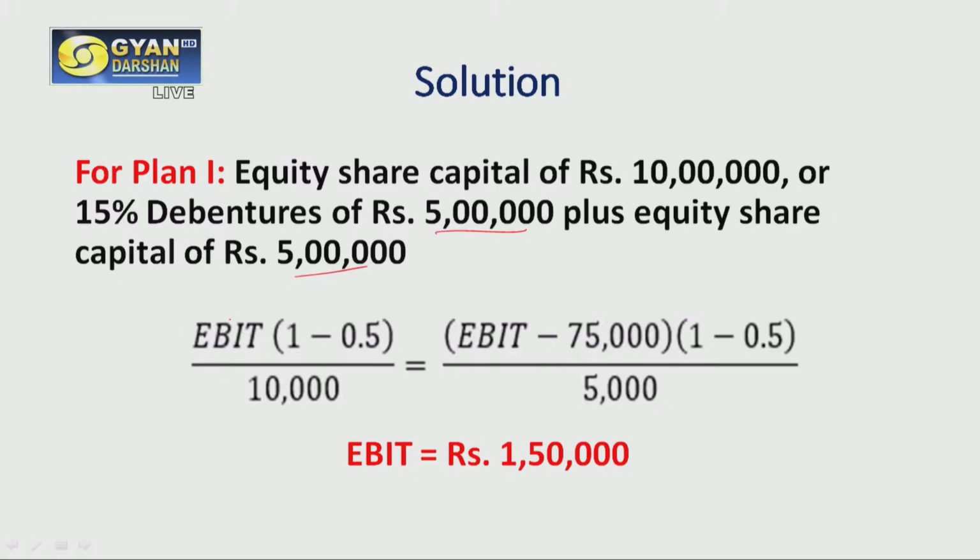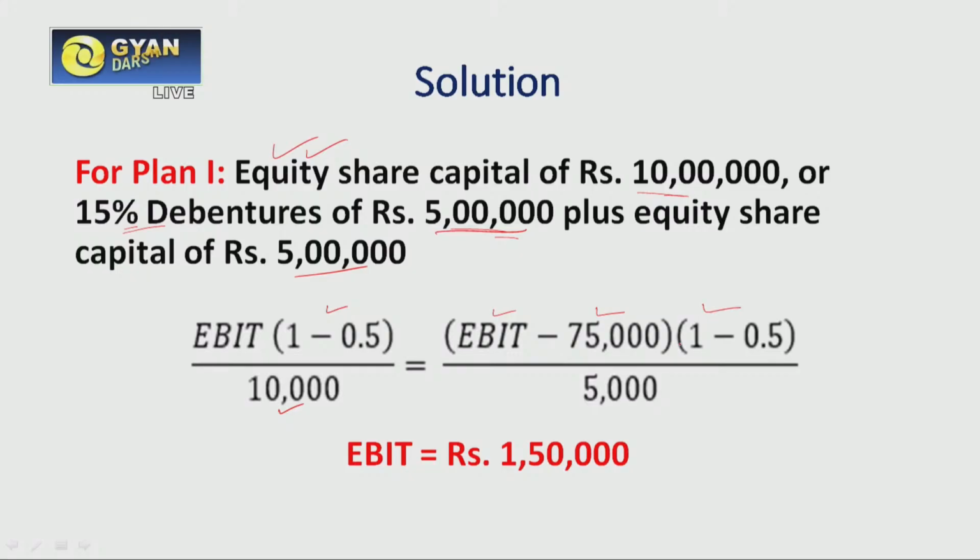So how can we equate this? We can equate this by putting on the left hand side case 1, where only equity is there. So EBIT minus tax amount divided by 10,000, because in this case the equity shares will be 10,000. On the right side, EBIT minus 75,000, where 75,000 is the interest amount. How did we calculate this interest amount? It is 15% of this 5 lakh rupees.